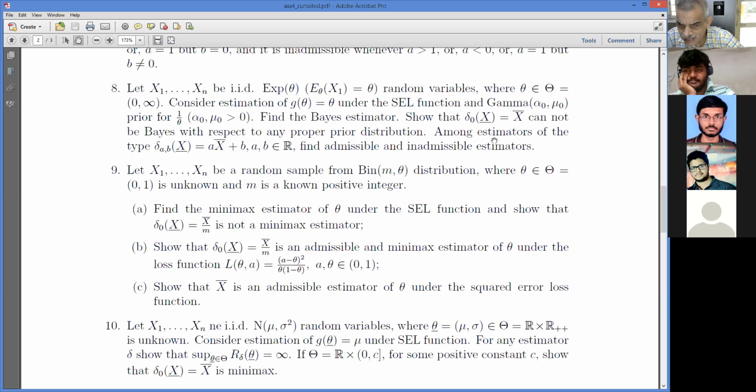When I'm considering L star, which is W(theta) L(theta, a), it is W(theta) into R(delta, theta), the risk of the earlier one. Now, any estimator admissible under this has to be admissible under that, because if it is not admissible, there exists some estimator which is better, that means its risk is smaller. If its risk is smaller, I can multiply by W(theta) on both sides, so it is smaller there also.